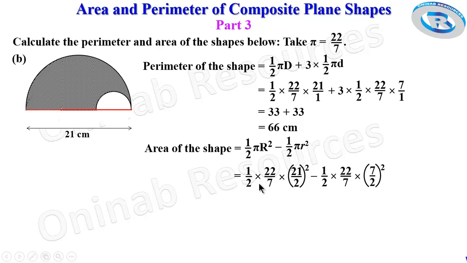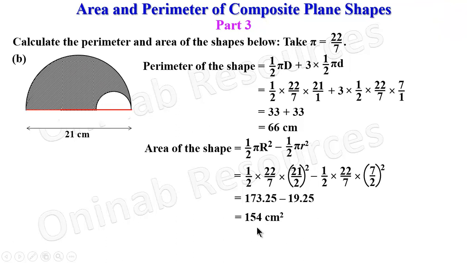If we simplify this, we are going to have 173.25 minus, simplifying this, we have 19.25. So subtracting this, we have the area of the shape to be 154 square centimeters.